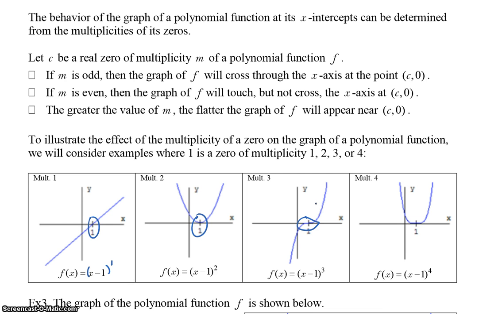However, you can see it does appear to be a little bit different. There is an even greater flattening effect near x equals 1. So with the greater multiplicity, with the increase in the multiplicity, we see an increased flattening in the graph as the graph approaches that particular x-intercept.